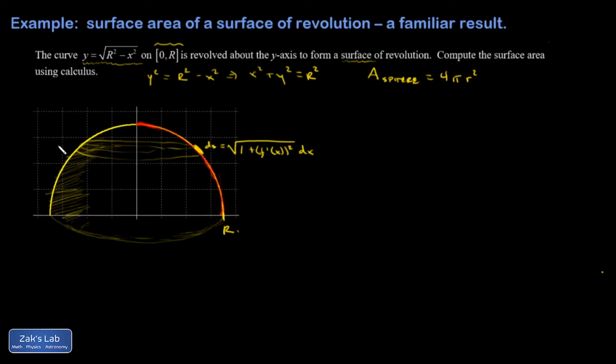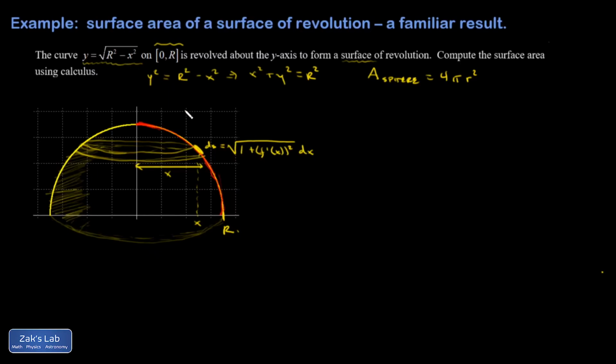And this is a little ribbon of surface area. So I need to get a radius on this ribbon because I want the area of it. And I'm just at some arbitrary horizontal location x here, so I can just say that radius is just x. And then the thickness of that little ribbon is going to be given by this formula.